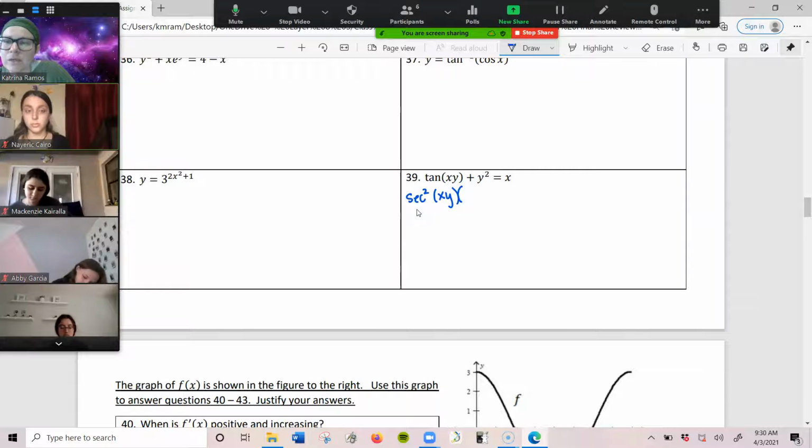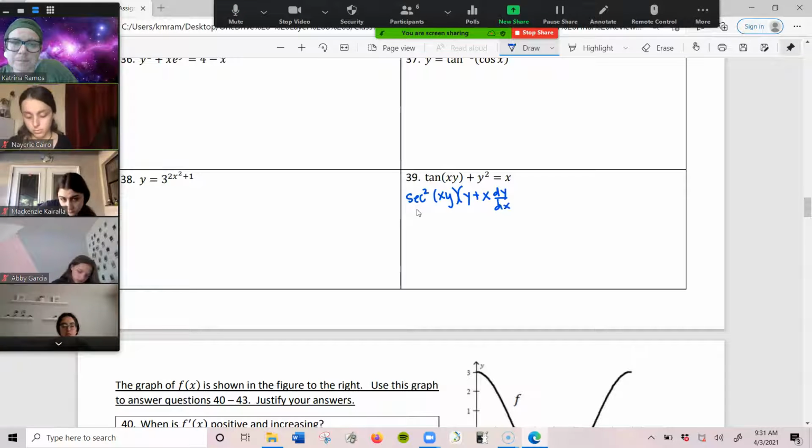Now the angle here is a product, so we have to apply the product rule to xy. Okay, so the derivative of x is just 1, so y, plus, then we leave the x alone, and the derivative of y, which is dy/dx. Is that okay?